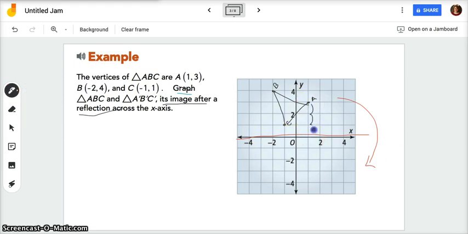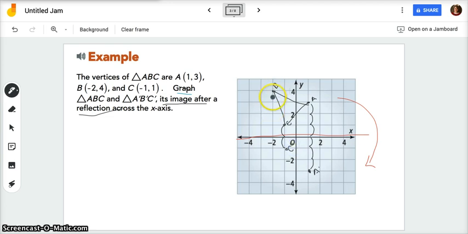It's 1, 2, 3, so it needs to be 3 spaces away here. 1, 2, 3. So this is going to be A prime. And you need to label it with that prime tick mark. All right, this is C. C is only 1 space away, so it's going to be 1 space away here as well. This will be C prime.